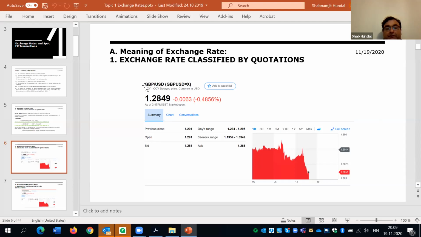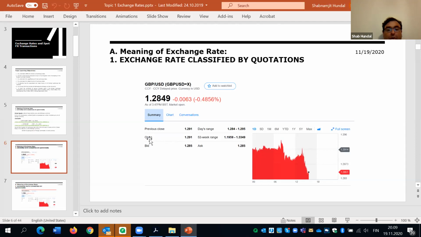So 1 unit of GBP is equal to 1.2849. I took this some time ago, I don't know when, just a screenshot of this exchange rate. Even on that day, I saw that the pound was losing value against the American dollar. So it was going down, and you can see there's some more information.